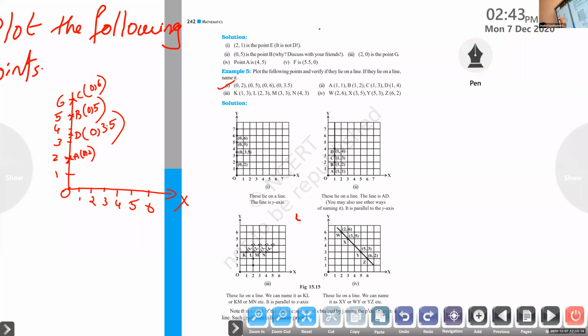All the points lie on a line. See, A, B, C, D. The points A, B, C, D lie on a line and that line is our y-axis.